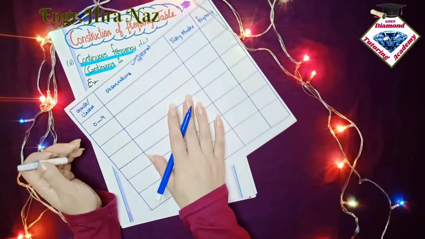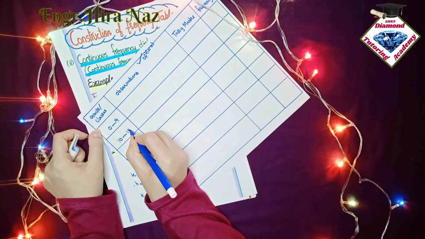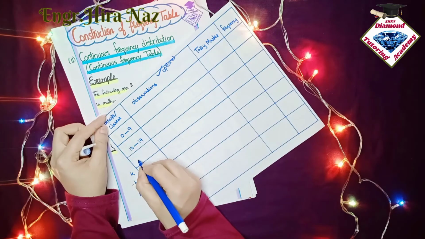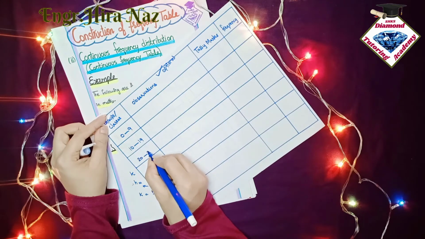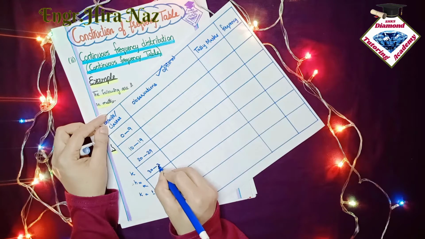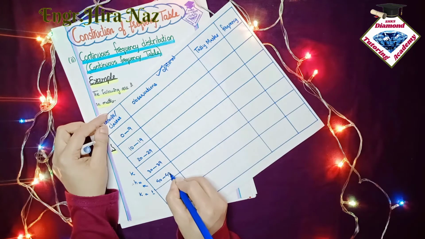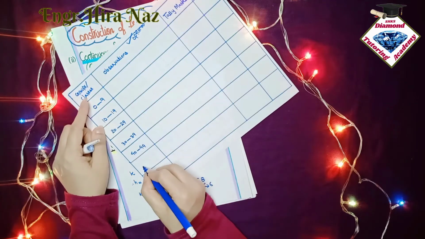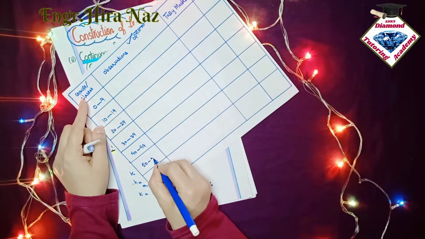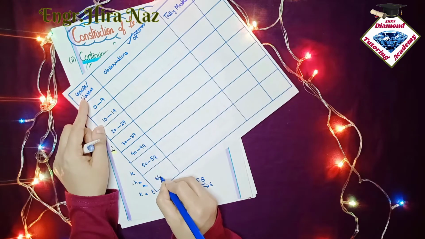Next we can make 10 to 19, then 20 to 29, 30 to 39, 40 to 49, 50 to 59, and then 60.